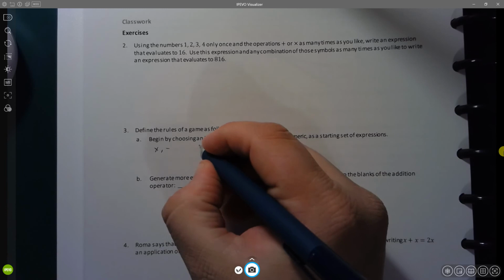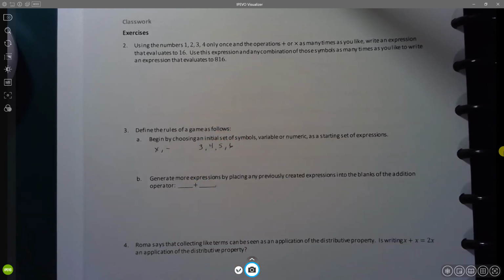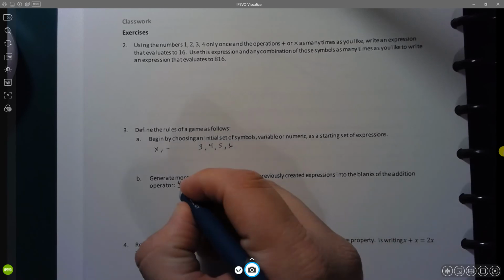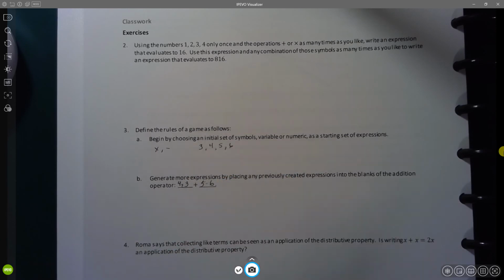So we can say 3, 4, 5, and 6, and that's part of our rules. Then generate more expressions by placing previously created expressions in the blanks, like 4 times 3 plus 5 minus 6. Those would be the expressions, and then you'd be able to come up with an answer.